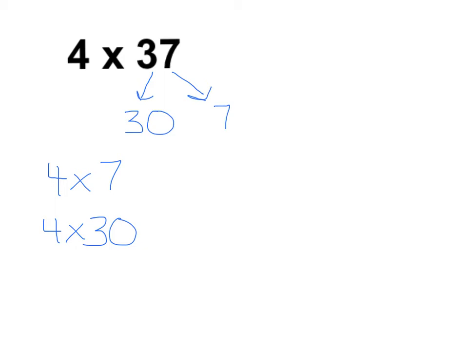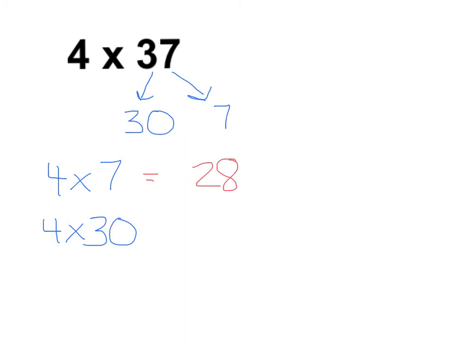Now I just need to find the answer to these two multiplication questions and add them together to find the final answer for 4 times 37. So first I'll do 4 times 7. That equals 28. Next, I have 4 times 30.